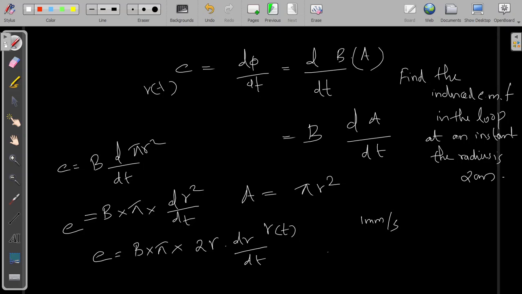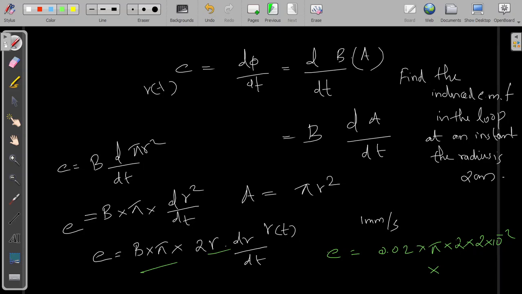Okay, so we got the formula here. So you substitute E is equal to V, which is given as 0.02, into pi into 2 into R, which is given as 2 centimeter of radius, so 2 into 10 power minus 2, into dr by dt. Dr by dt means the rate of change of radius with respect to time.